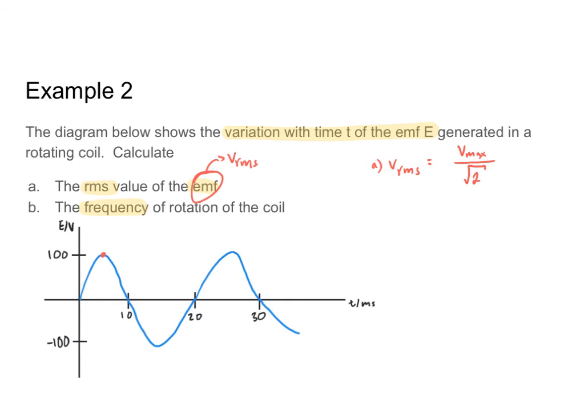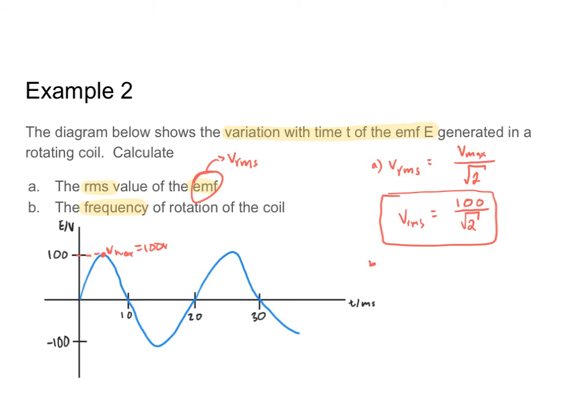If I go to my maximum point here, I can go over to my y-axis and I see that Vmax is equal to 100 volts. So that's going to give me that Vrms is equal to 100 over the square root of 2, which I can leave as is, or I can stick into a calculator to find an actual numerical answer. I'm going to leave it as is for the ease of going through this problem.